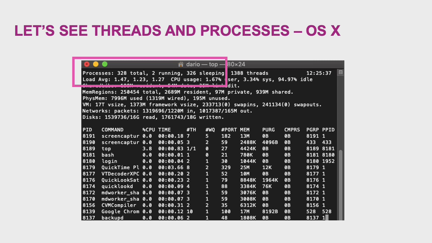As you can see from this figure, we have 328 processes on my machine. 2 processes are actually running, whereas 326 are sleeping. In addition, 1,388 threads are also running in my system.